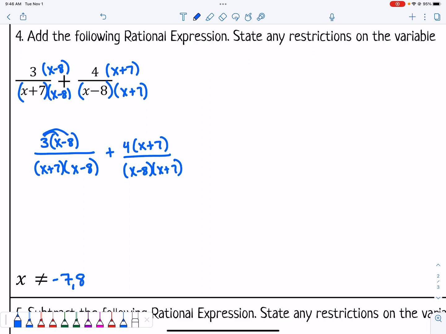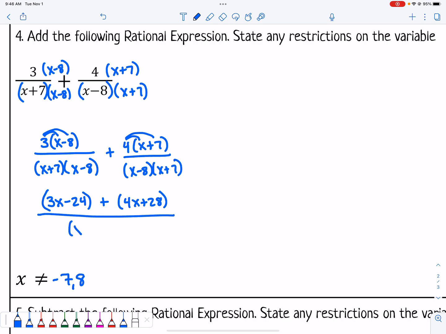So I need to distribute the 3 and distribute the 4 and then combine like terms. So let's say 3x minus 24 plus, and I like to leave that together, plus 4x plus 28. Just in case it was a subtraction sign, you just want to be really careful with your numerator.